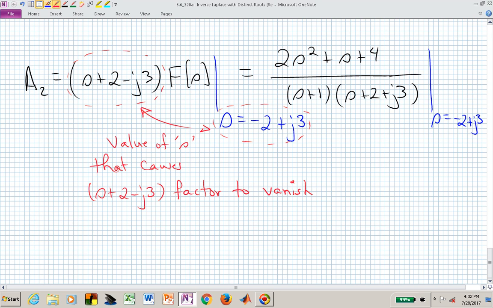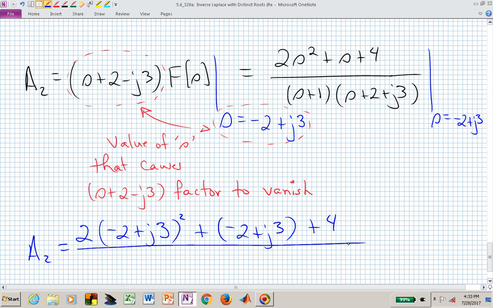A sub 2 is going to be found by replacing s everywhere with minus 2 plus j3. We now have 2 times minus 2 plus j3 quantity squared plus minus 2 plus j3 plus 4, all over minus 2 plus j3 plus 1 times minus 2 plus j3 plus 2 plus j3.